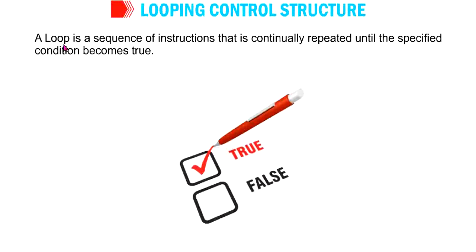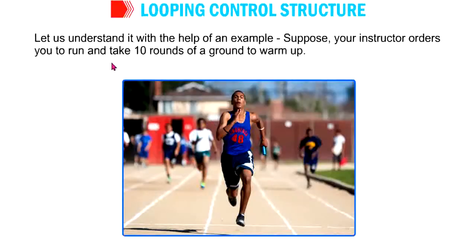A loop is a sequence of instructions that is continually repeated until the specified condition becomes true. Let us understand it with the help of an example. Suppose your instructor orders you to take 10 runs of the ground to warm up.